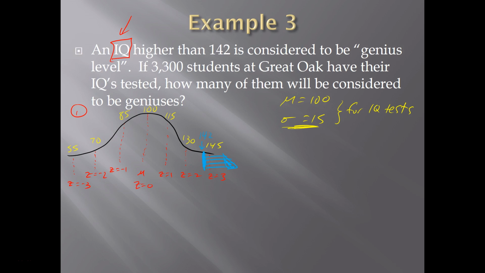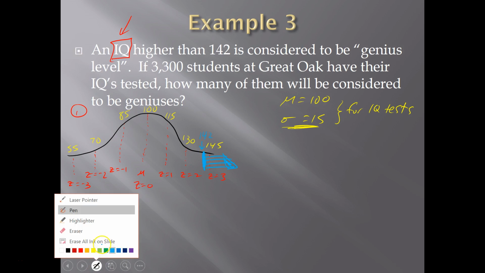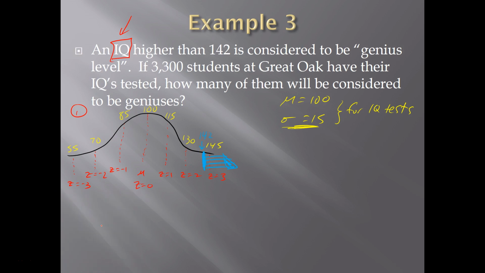Okay, so what we need to do is get ourselves a z-score for 142. Since we're talking z-scores, I'm going to go back to red here. To get a z-score, I take the data value minus the mu, the population mean, and divide by sigma, the population standard deviation.